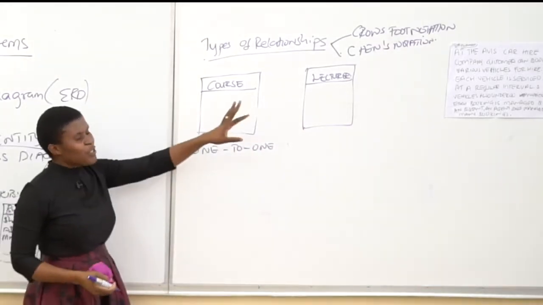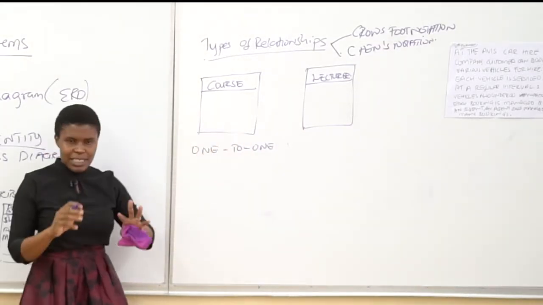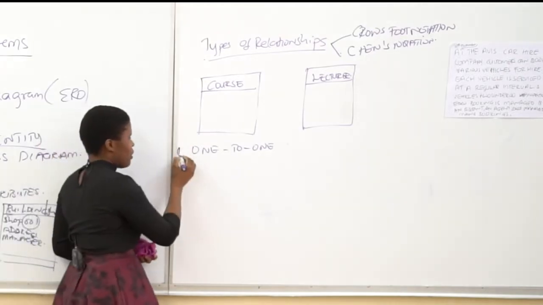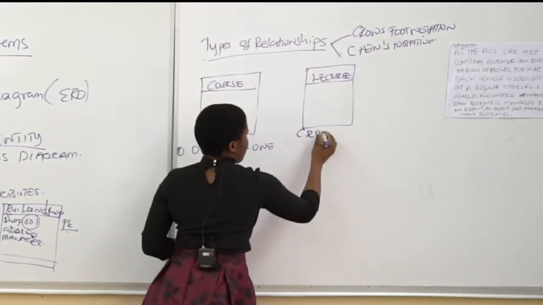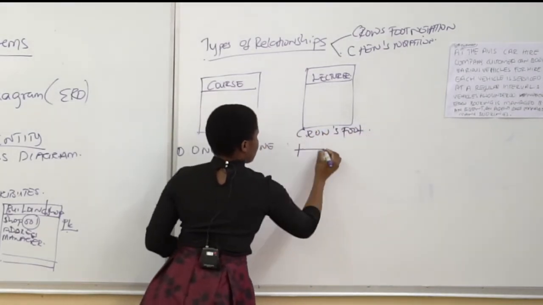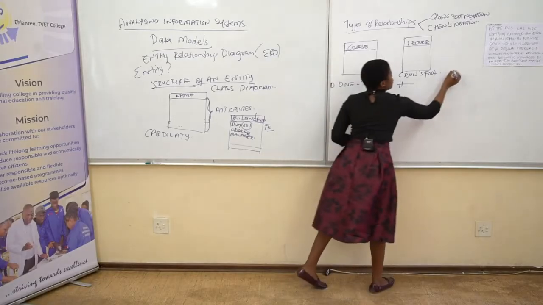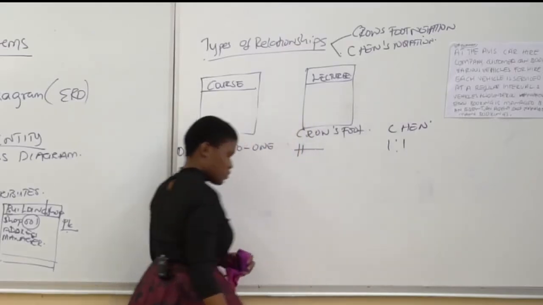So a crow's foot notation, a crow is a bird. You'll see the way it's represented, starting from the one-to-one relationship, which is number one. So a one-to-one under crow's foot, we're going to have something like this. This is one-to-one. When we come to Chen, it's going to be 1:1.